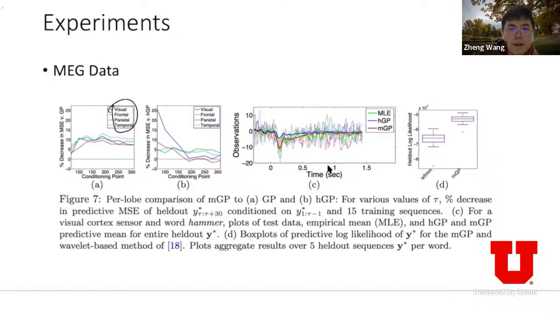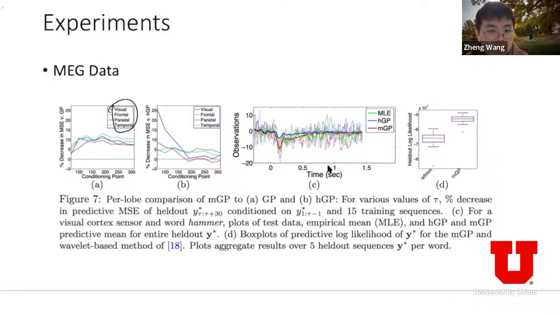And C is just the testing prediction for different methods.